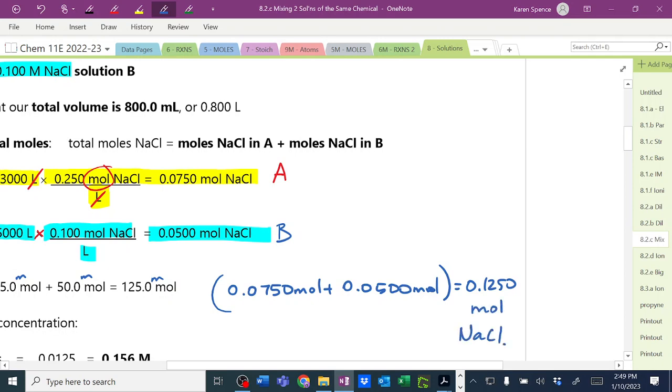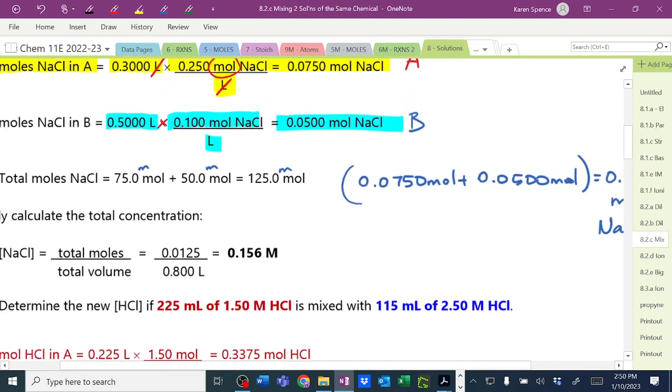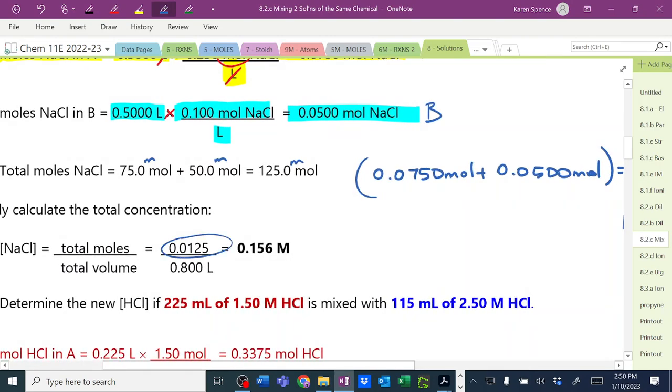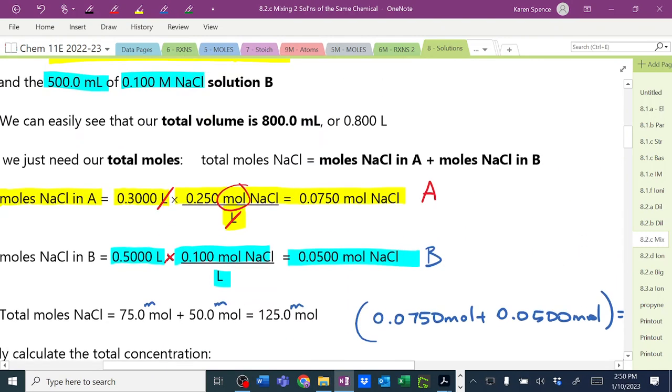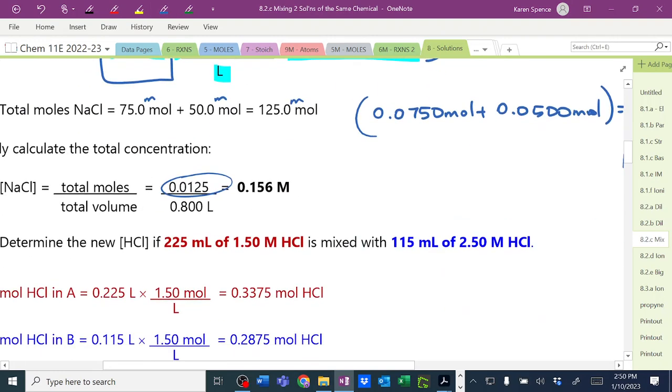That's our total moles of NaCl. Is good? Okay. Then you take your total moles and you divide by your total volume. Well, I have 0.3 liters and 0.5 liters, which is 0.800 liters. And you just do the division and there's your molarity.